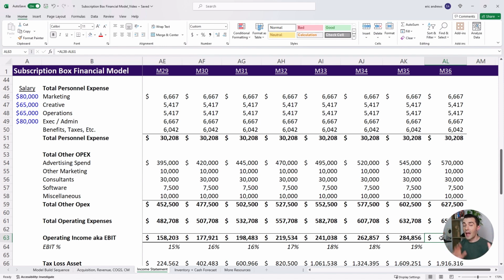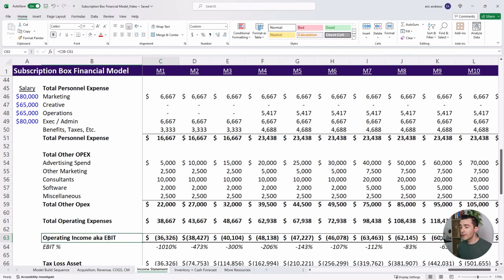Now, on the cash flow and balance sheet, you're tracking the actual cash. The inventory doesn't care about the cash. The inventory cares about matching costs with revenue. So the cash flow and the balance sheet will show you how much cash went out to buy all this inventory, how much cash is then coming back in when you sell it, and that's why we need both views in order to run this business.